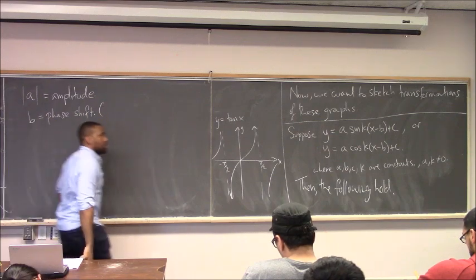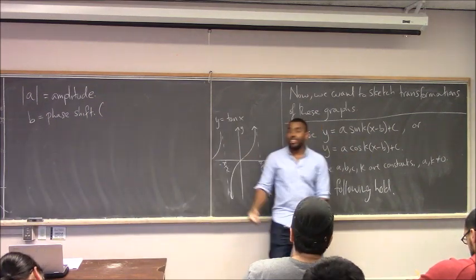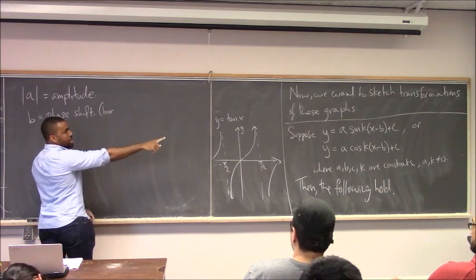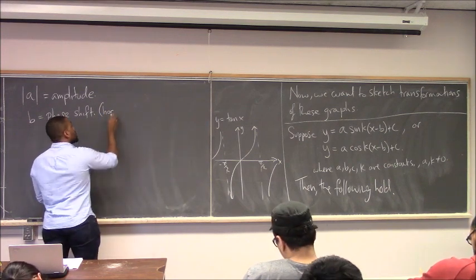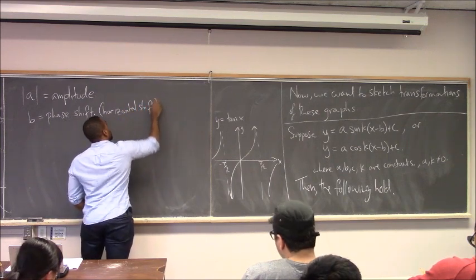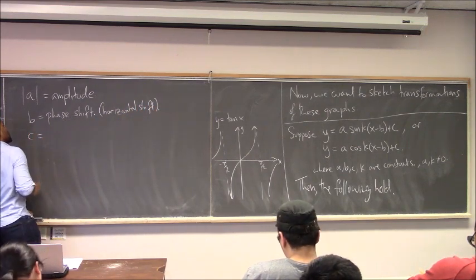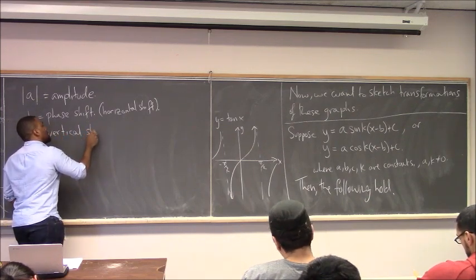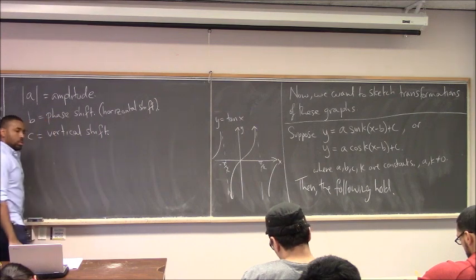That's a fancy word, but it really just means a horizontal shift. That number shifts us left and right. The c is the vertical shift. It tells us how we shift up and down.